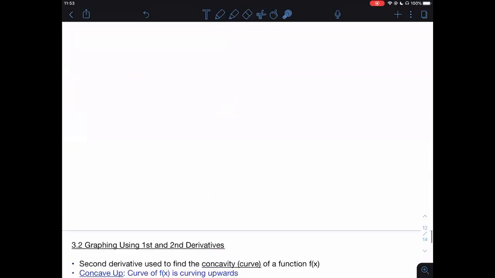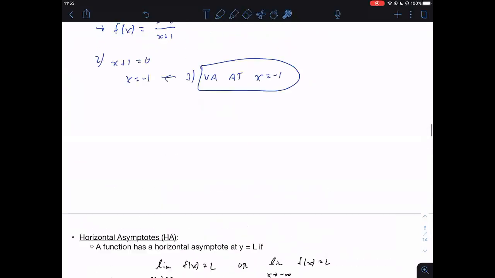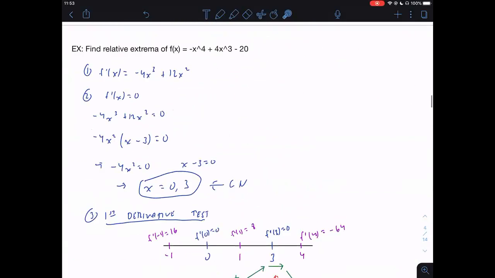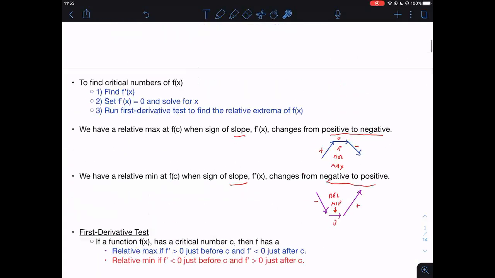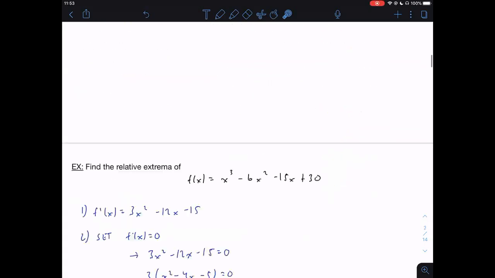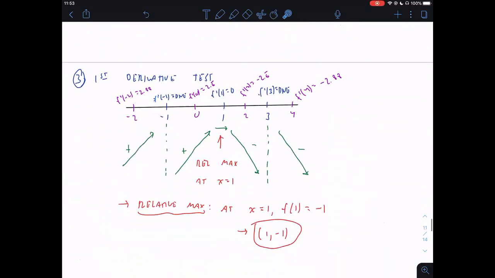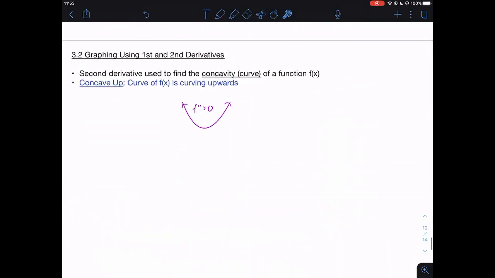And again, the first derivative tells us about the behavior of the original function, where the function is either increasing or decreasing based on the value of the slope. The second derivative tells us the behavior of the slope of our function, the rate of change of our function, which determines the curvature of the original function of x.